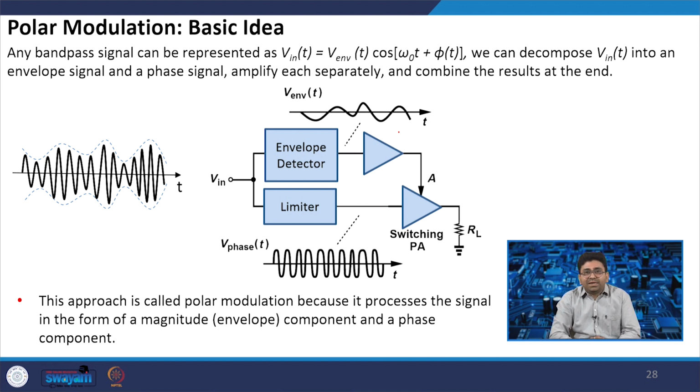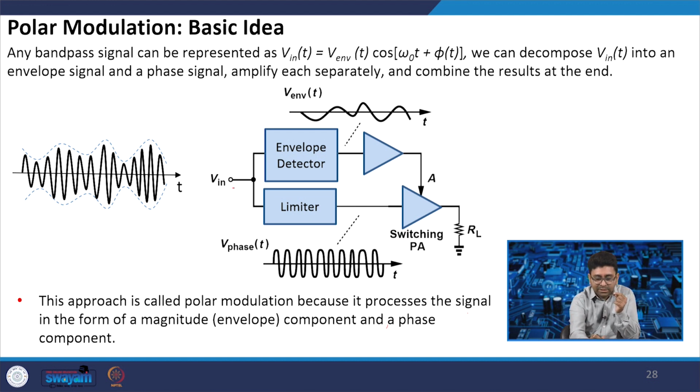Any band pass signal can be represented in terms of V envelope cos omega t plus phi t, and we decompose the input into an envelope signal and a phase signal, amplify each separately and combine the results at the end. This approach is called polar modulation because it processes the signal in the form of a magnitude, envelope component and a phase component.